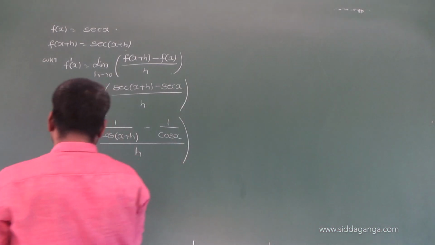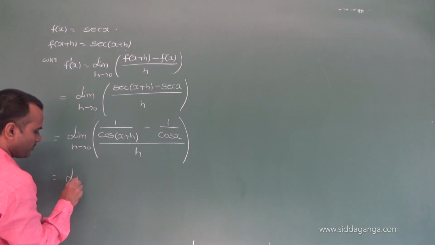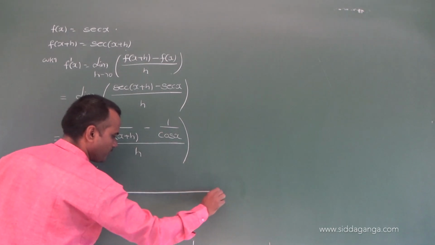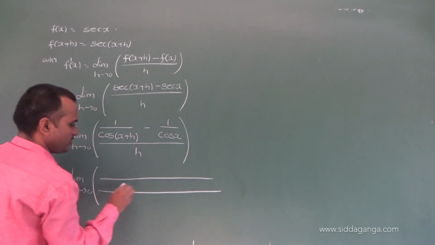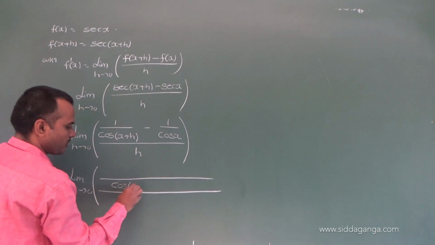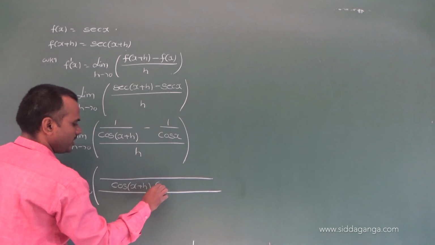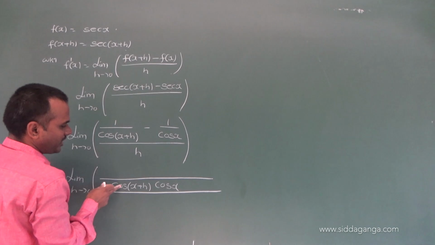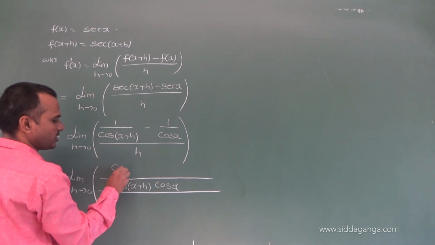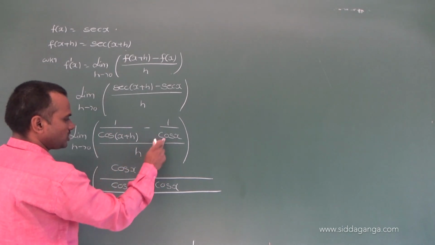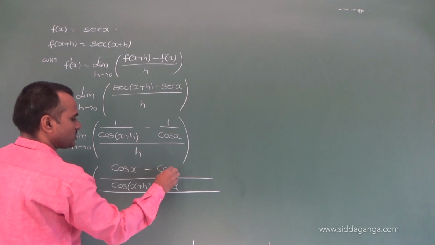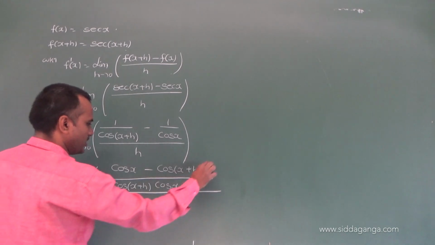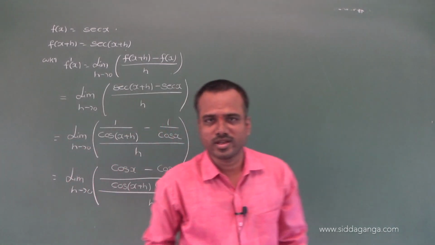The limit h tends to 0. LCM is cos of x plus h into cos x. In the numerator, cos x plus h into cos x cancels: cos x into 1, cos x, minus cos x plus h into 1, which is cos x plus h, whole divided by h.